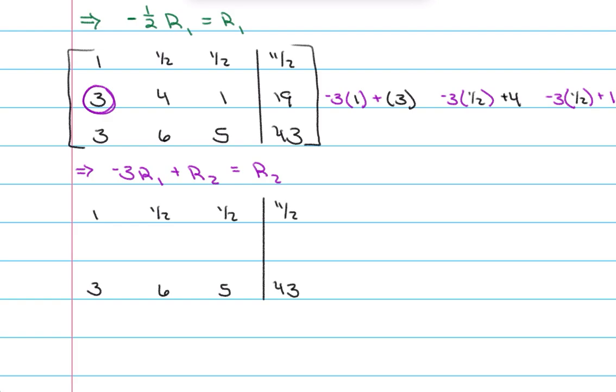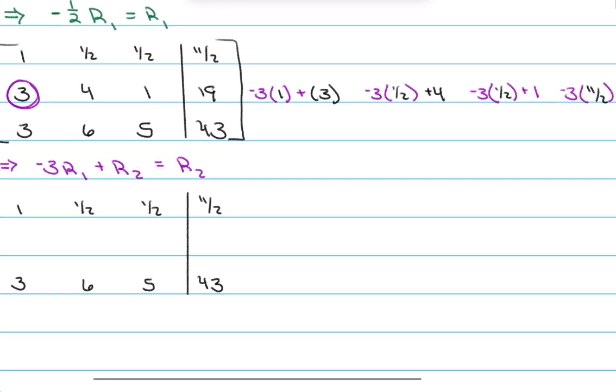Okay, so when I perform my row operations, -3 times 1 plus 3, that's going to give me a 0. -3 times 1/2 plus 4 is going to give me 5 halves. Again, I'm leaving it as a fraction. Negative 3 times 1/2 plus 1 is going to give me negative 1/2.